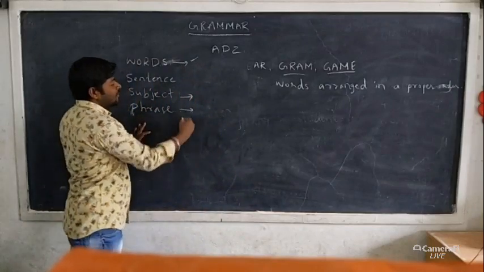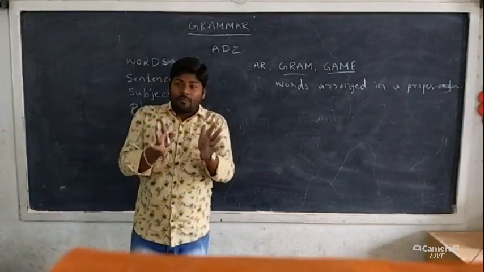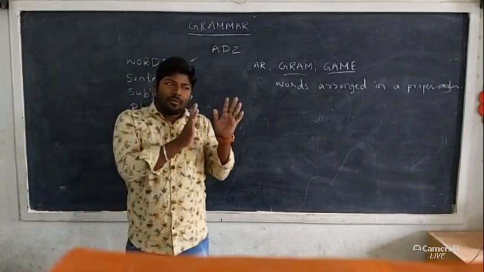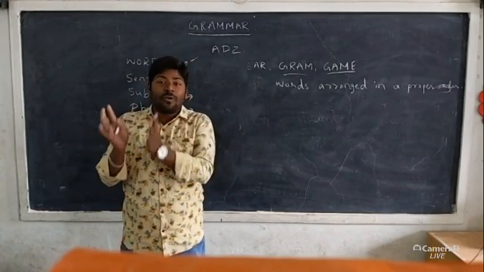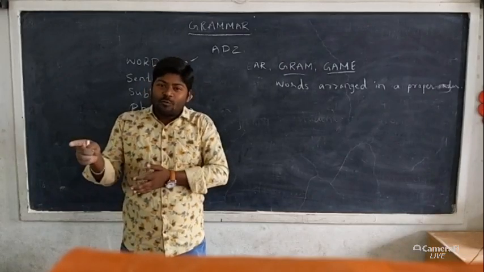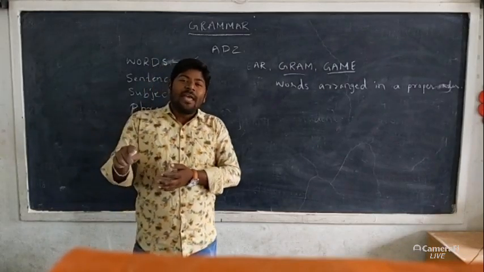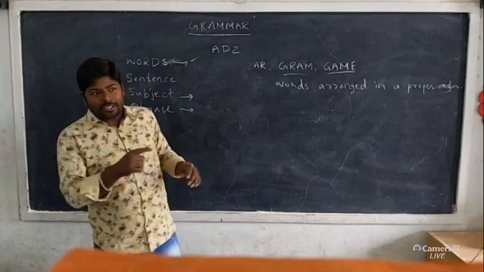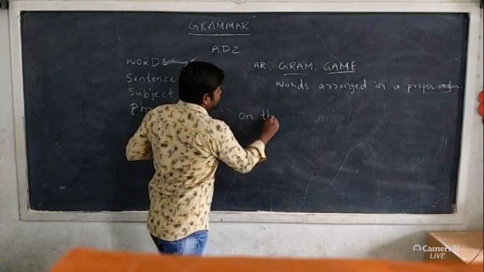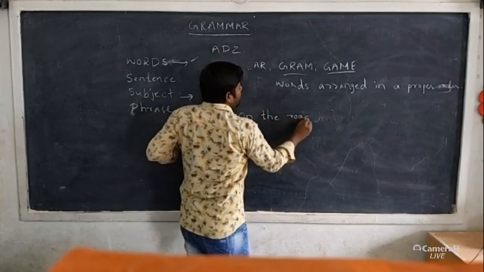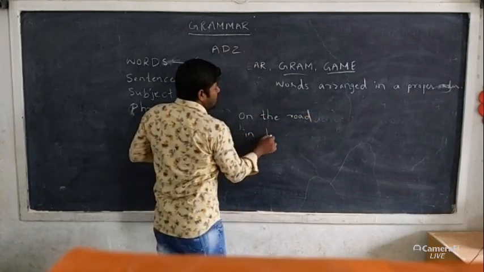And next, phrase. A group of words arranged in a meaningful order. Phrase is nothing but a group of words arranged in a meaningful order, but it doesn't give a complete meaning. So it is called a phrase. For suppose, on the road, in the market.